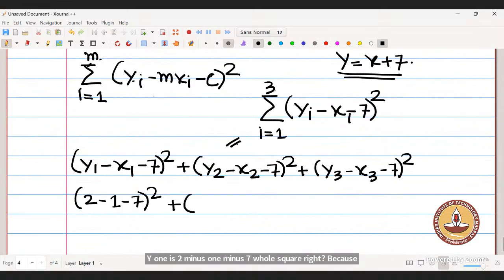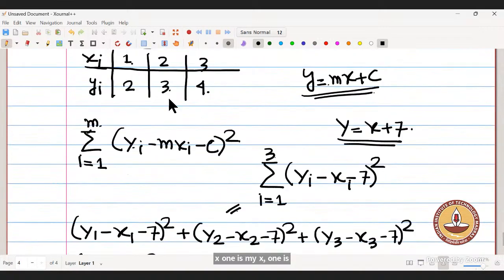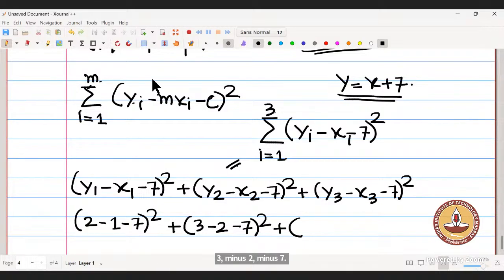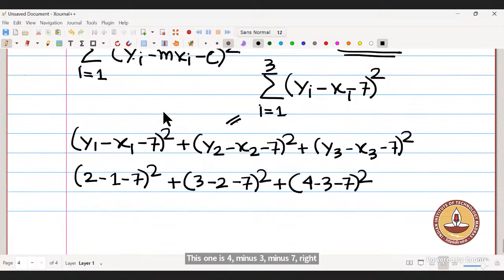And what is y2? y2 is 3. 3 minus 2 minus 7 whole square. And this one is 4 minus 3 minus 7 whole square, right? And eventually what I will get? 6 square plus 6 square plus 6 square.